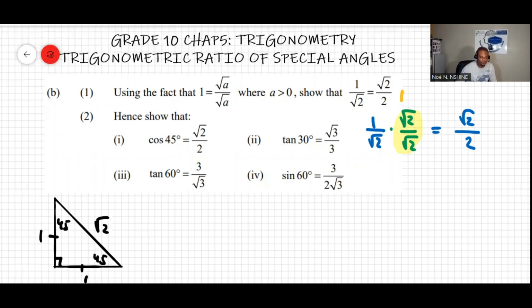So cos of 45 degrees is 1 over root 2, because it's adjacent side over hypotenuse if the angle I select is this 45. So 1 over root 2. To do that, we multiply by root 2 over root 2 to rationalize the denominator, and then this is going to be that. And then tan of 30 degrees.